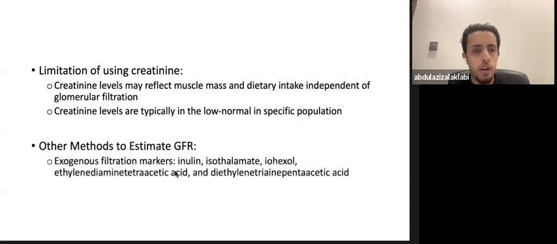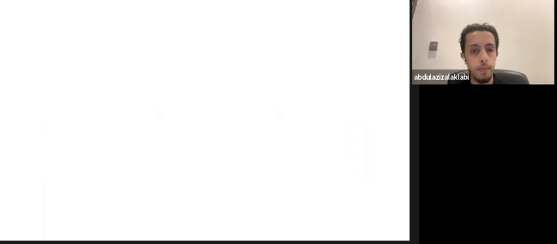So other methods to estimate GFR, as we can see, there are exogenous filtration markers such as inulin and iothalamate. You've all seen these before. However, they're very inconvenient in a patient setting. In an ideal clinical setting, you won't want to use these because it's unnecessary to inject the patient with one of these substrates just to calculate the GFR. So in clinical setting, we don't really use these.